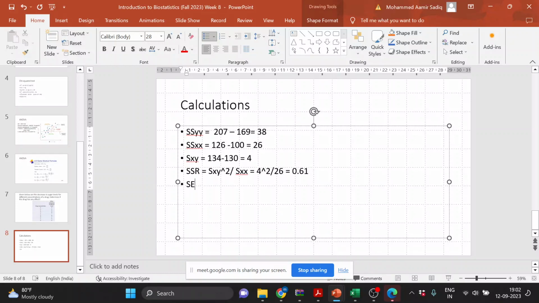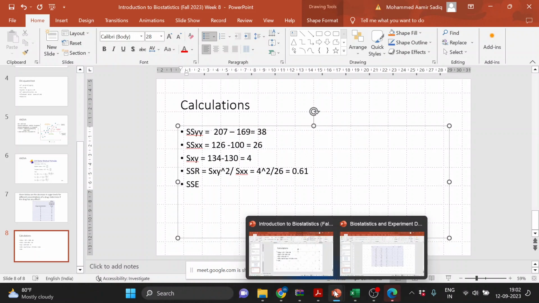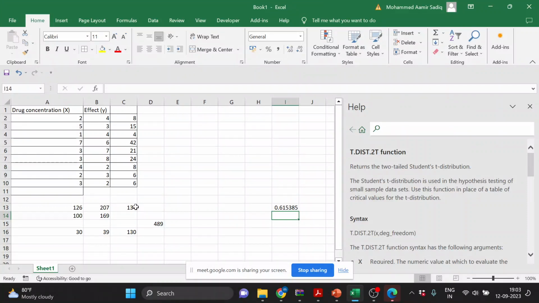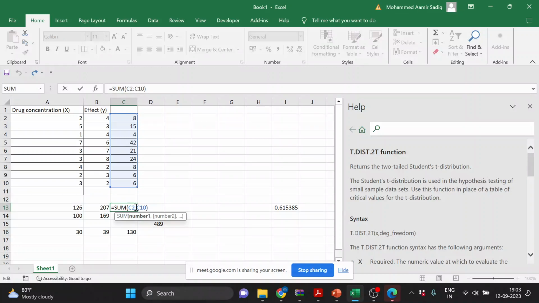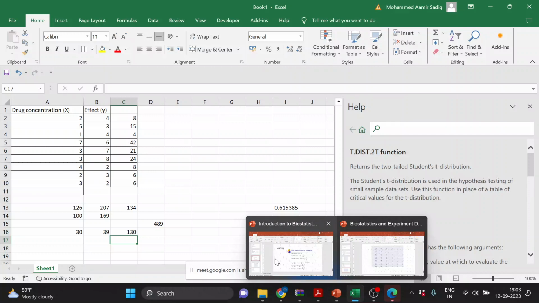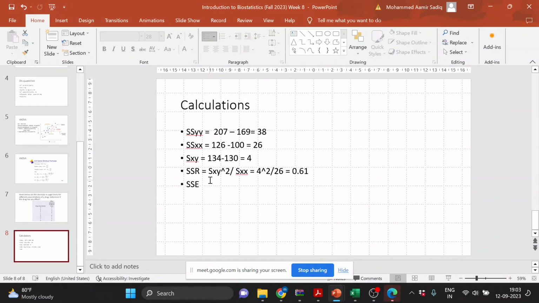Similarly, I'm checking whether I have made some calculation mistake. Okay, so that's our SSR.